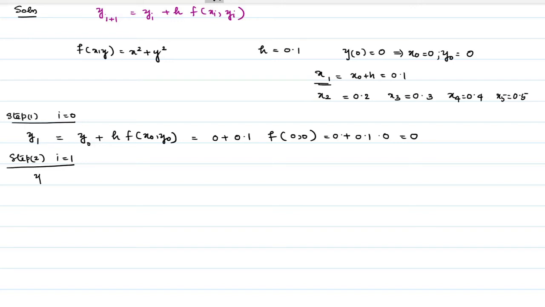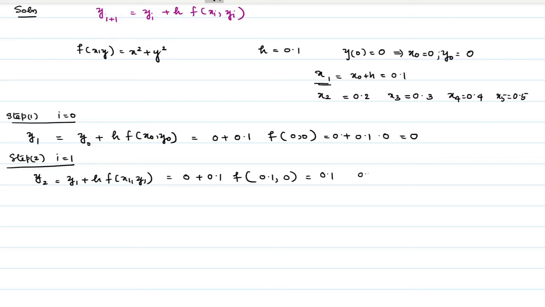Then for step 2, we can take i is equal to 1. When i is equal to 1, we will get y2 equal to y1 plus h into f of x1 y1, which is y1, it is 0, plus h is 0.1, f of x1 y1. What is x1? x1 is 0.1, y1 is 0, so it is 0.1 into x square plus y square.